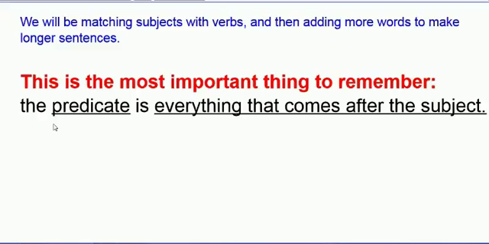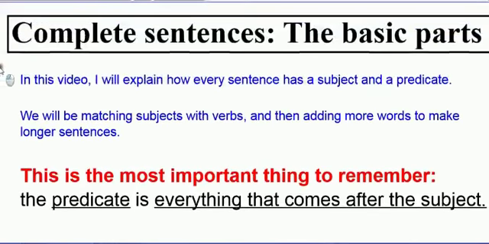So everything that comes after the subject, the verb plus whatever other words come after that, that's called the predicate. So when we are talking about the basic parts of a sentence, we're talking about separating the subject from everything else that's in that sentence.